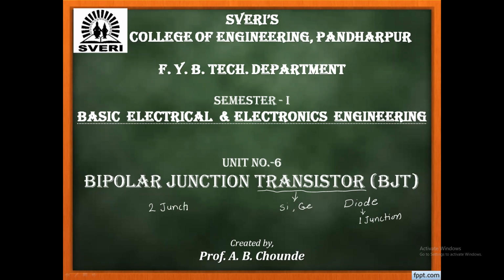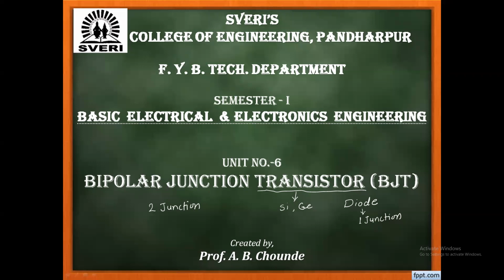That's why the name of this component is given as a bipolar junction transistor. And another reason is that the electrons and the holes can conduct the current. Means both will conduct the current. That's why the name is given as a bipolar junction transistor here.